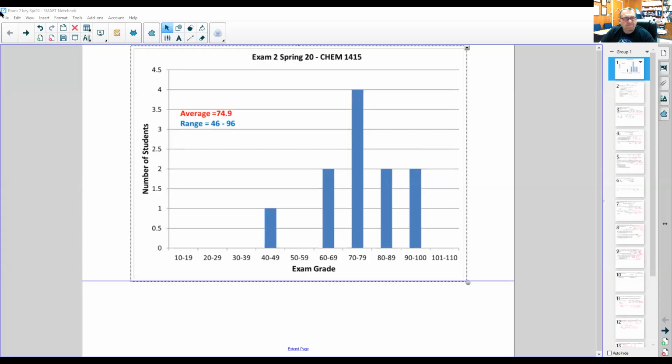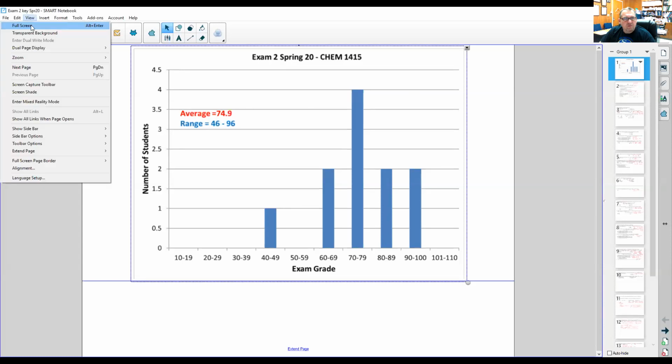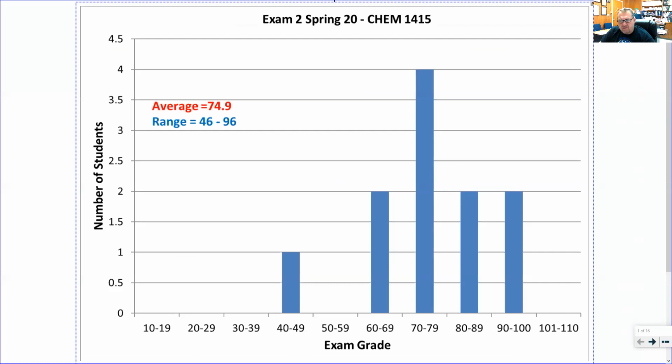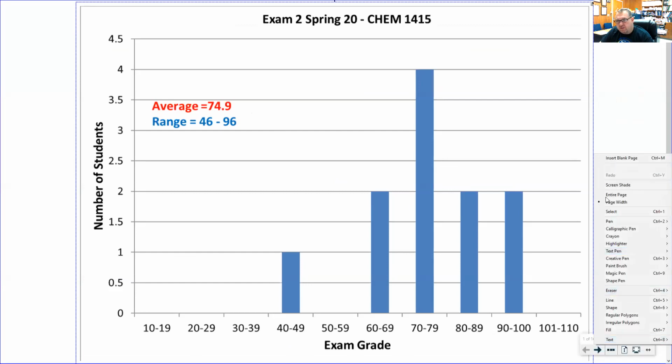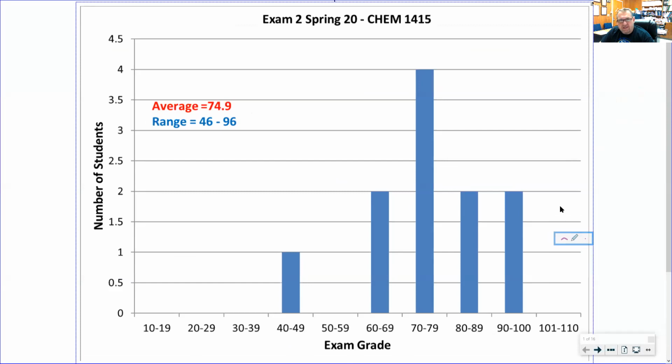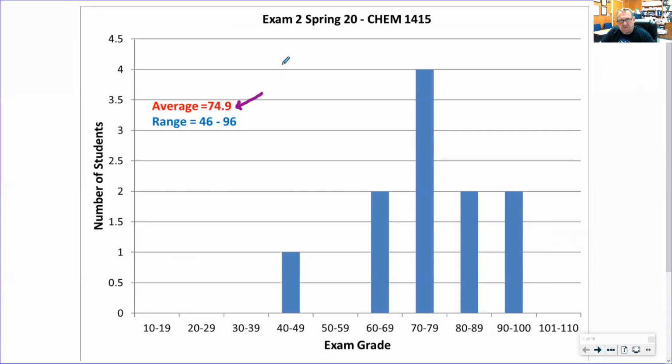Okay, there we go. So just talk about the exam right quick. In terms of how we all did, overall I was fairly pleased with the class performance. When I adjusted the grades, the average was a 75, which I was pleased about.